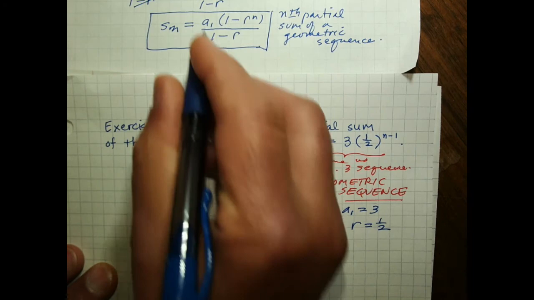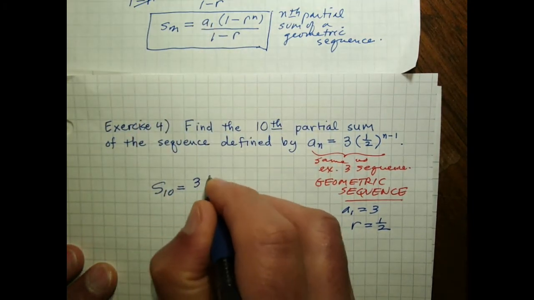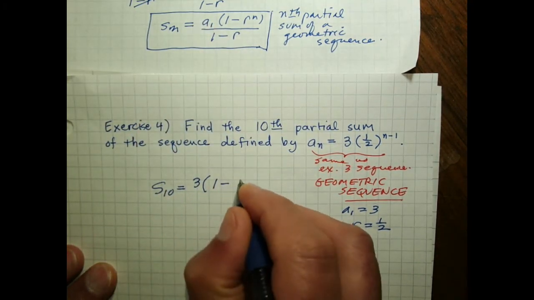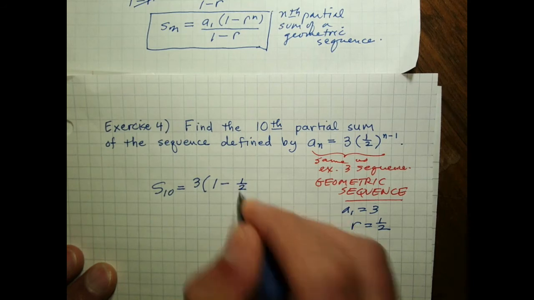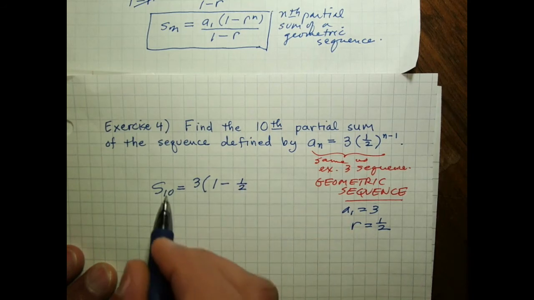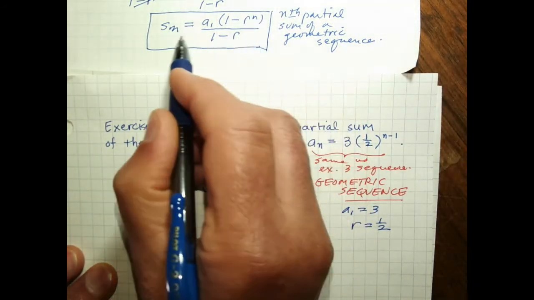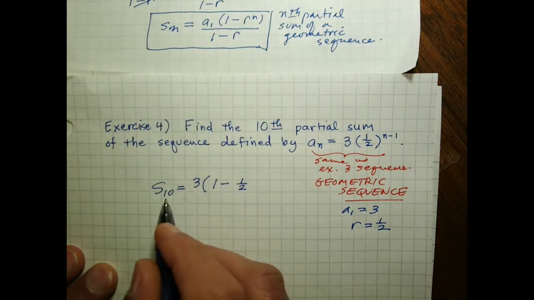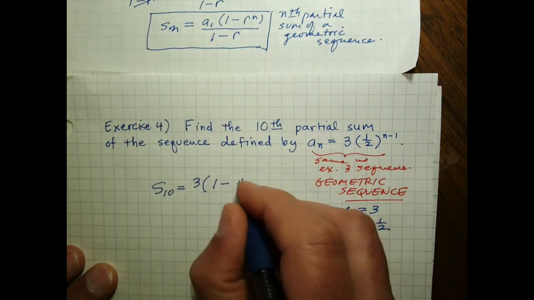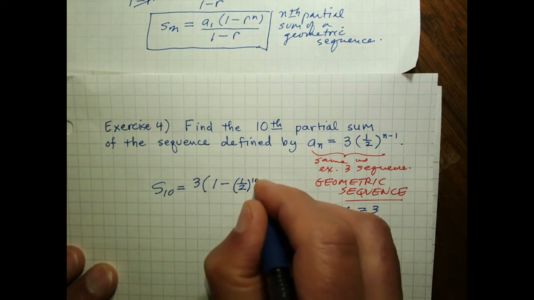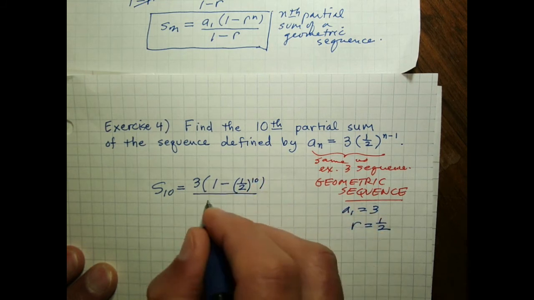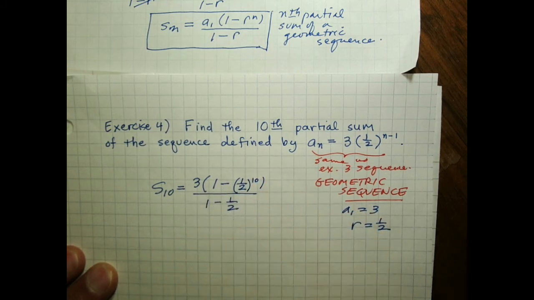So I have a_1, which is 3, times 1 minus 1/2 to the exponent that matches the subscript on the S. So if it's the 10th partial sum, I need 1/2 to the 10th power over 1 minus 1/2.